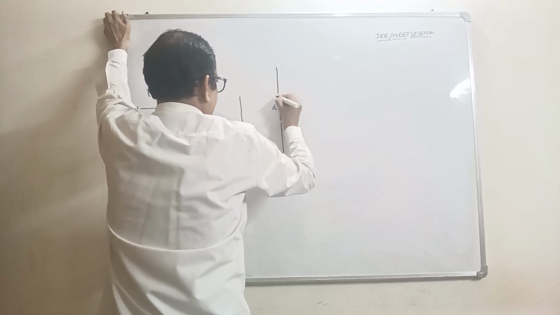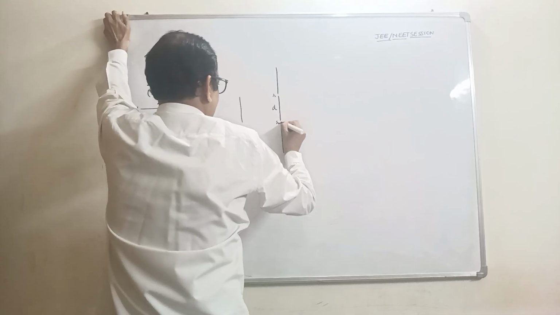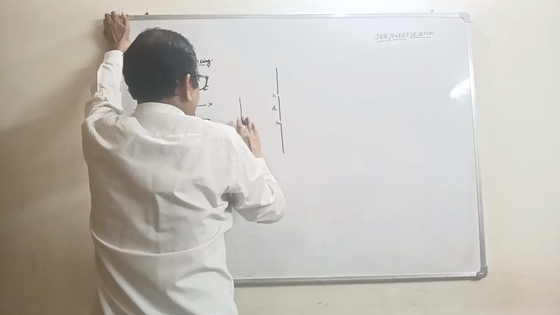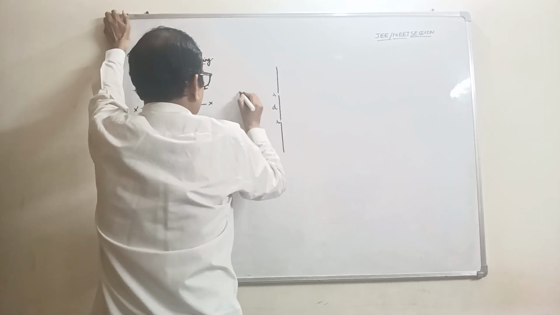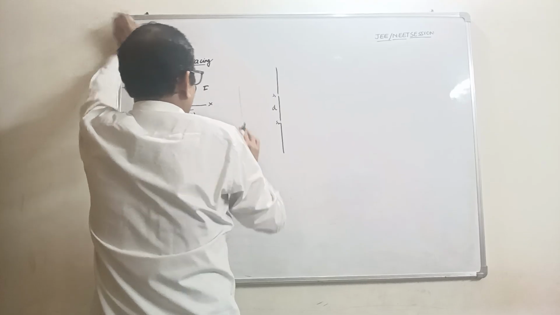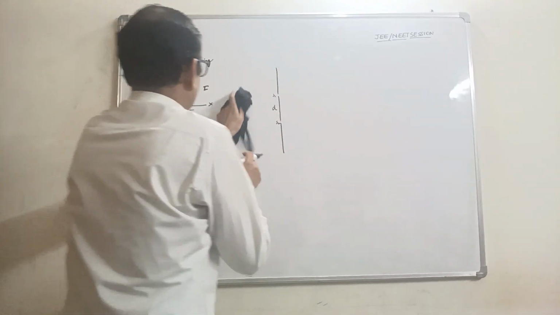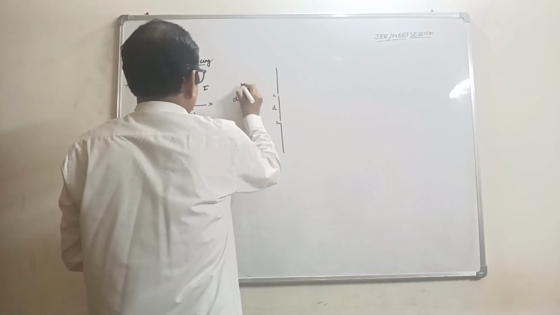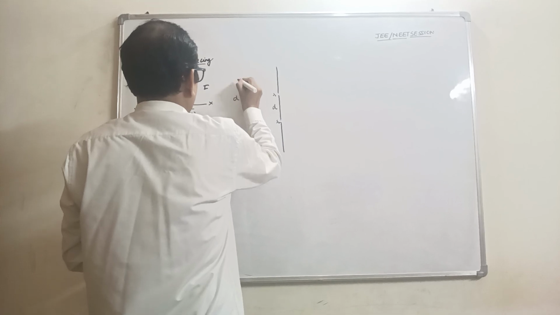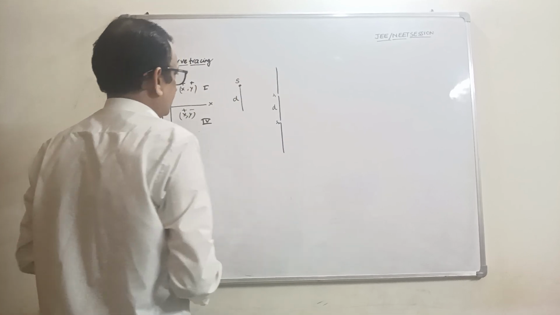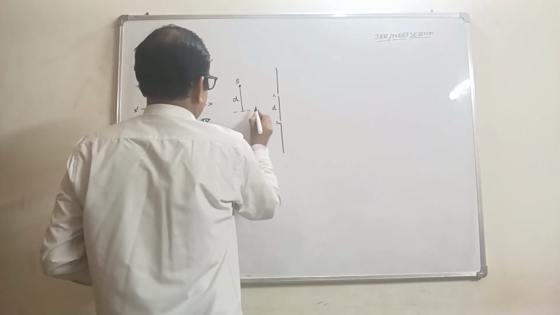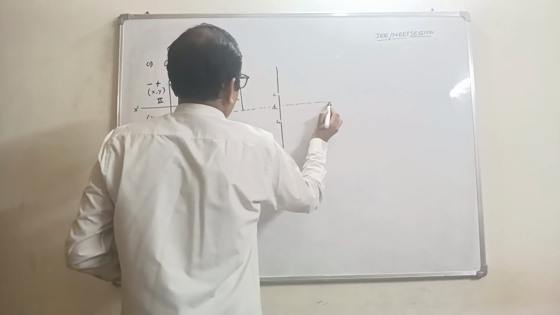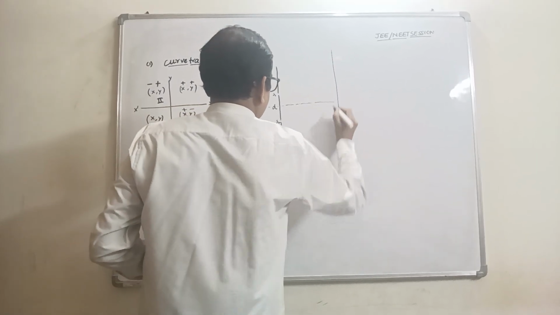This slit is suppose S1, this is the S2 slit, and the distance between the two slits is d. From the center of the slits, at distance D, this monochromatic source is placed here. This is the center of the slits, and a screen is here. This is a screen.